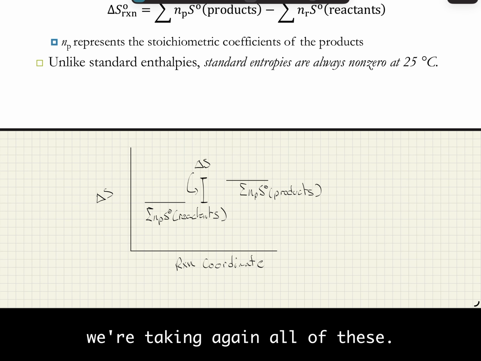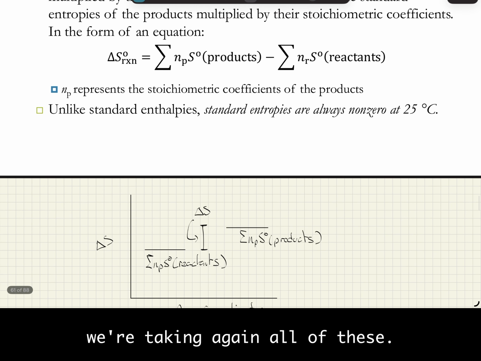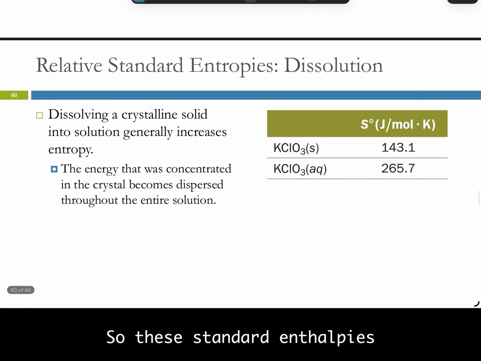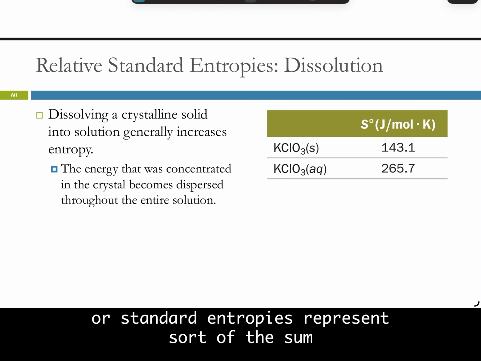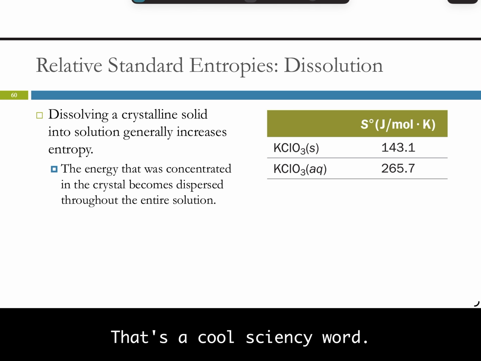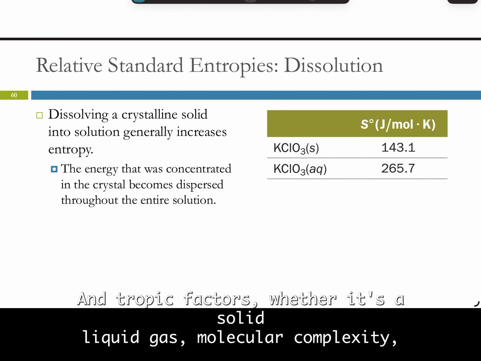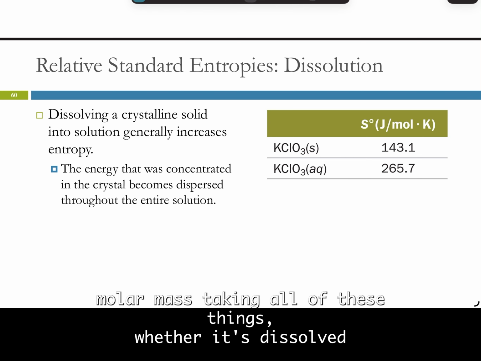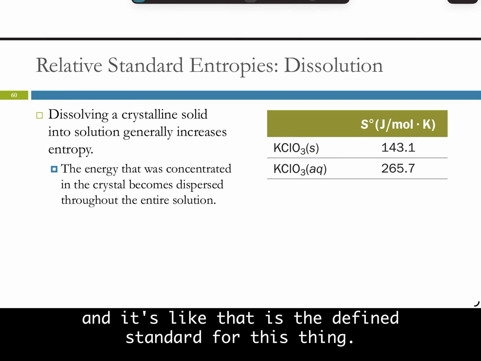And so in a sense, we're taking, again, all of these standard entropies, which represent sort of the sum total of all of the, I guess we can call it, entropic factors. That's a cool sciencey word. Entropic factors, whether it's a solid, liquid, gas, molecular complexity, molar mass, whether it's dissolved, taking all of these things, and it's like, that is the defined standard for this thing.